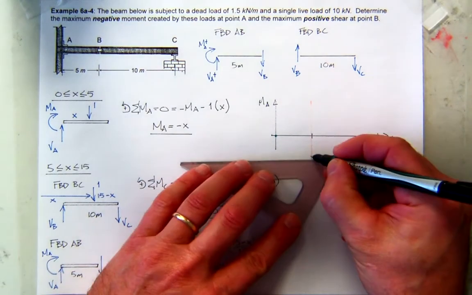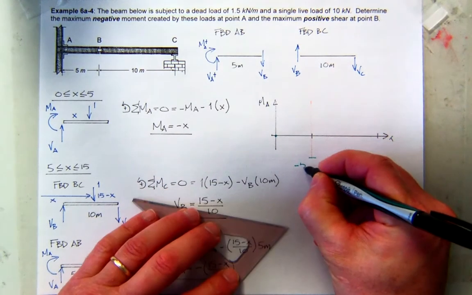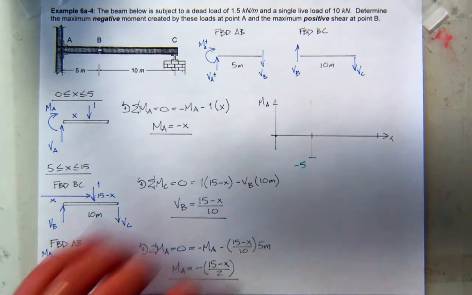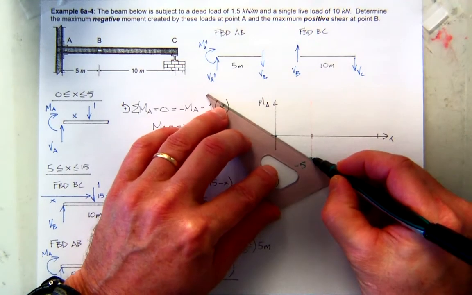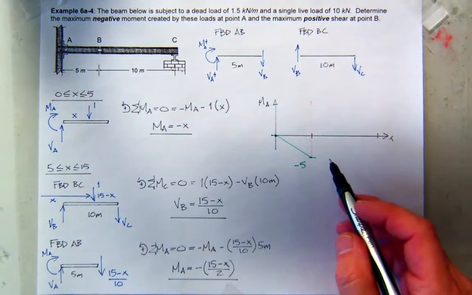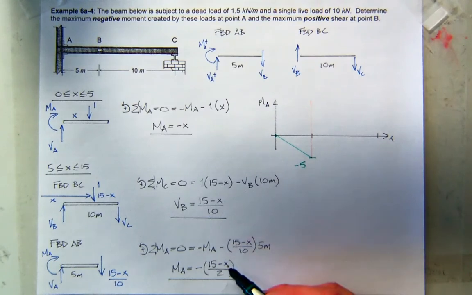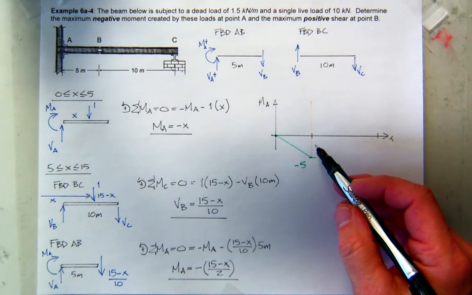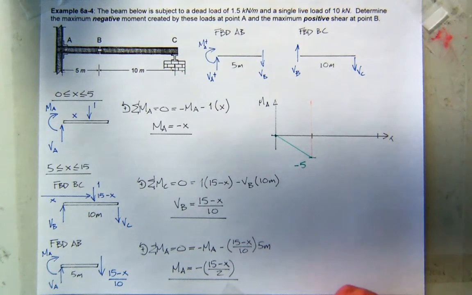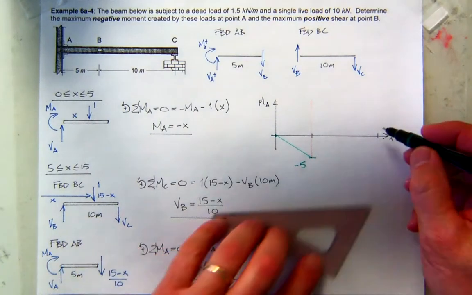At x equals 5, I get negative 5. And it's linear. Now from 5 to 15, I plot this equation down here. If you put in 5, what do you get? You get negative 5. It matches. You put in 15, what do you get? 0.